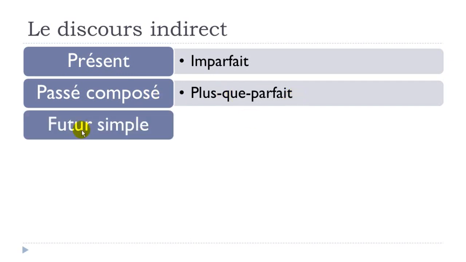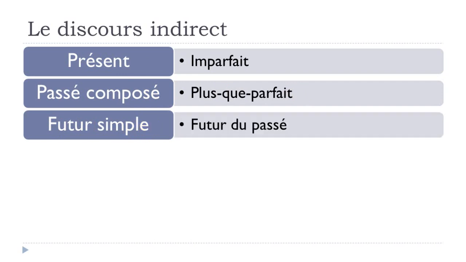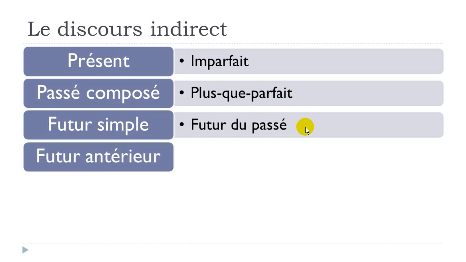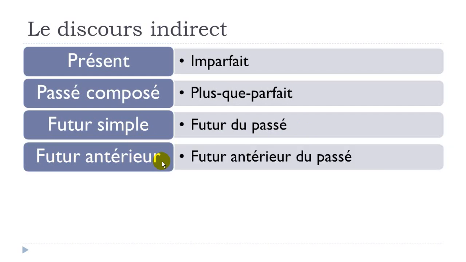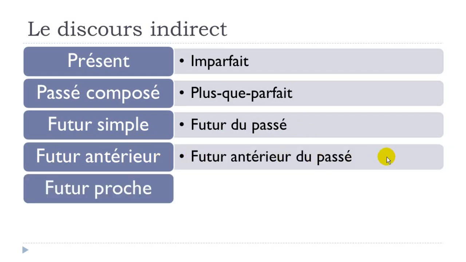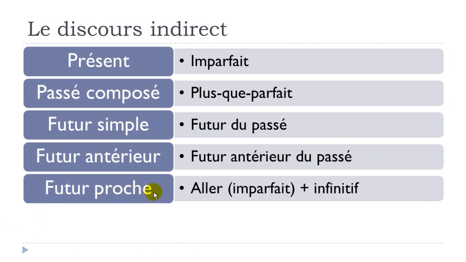If you've got the futur simple as the second structure, it will become what we saw, futur du passé. If you've got futur antérieur in the second part of this structure, it will become futur antérieur du passé. If you've got futur proche, it will become like le futur proche, but the only thing that you've got to modify is aller.